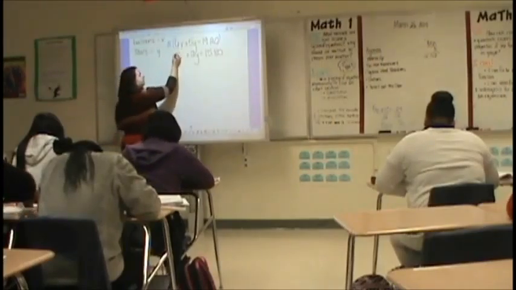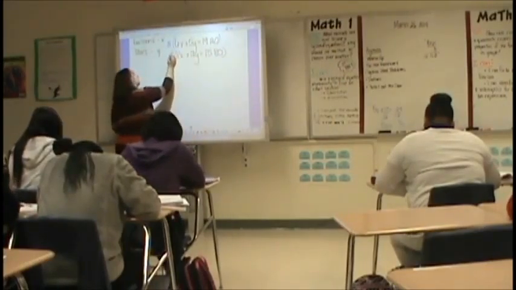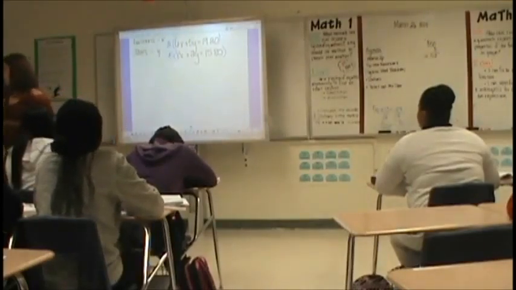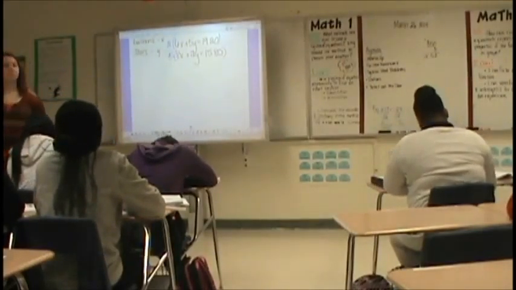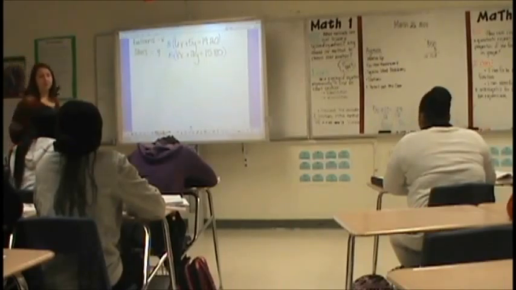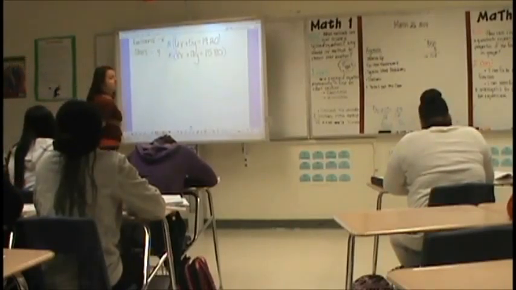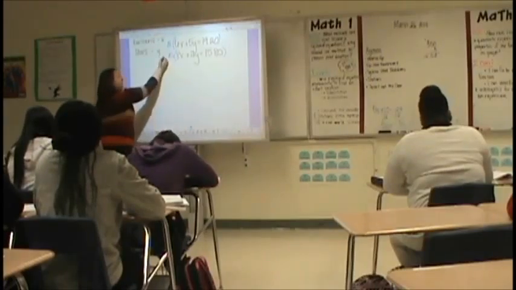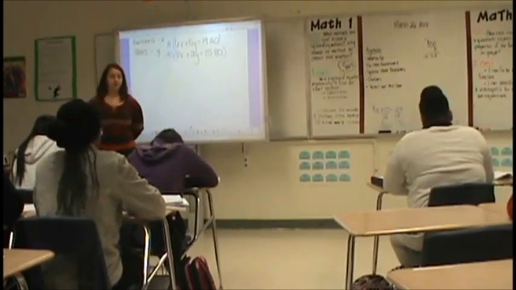What's the bottom going to be? 5. What's wrong though? No, negative 5. Which one's going to be negative? Does it matter? Yes. The 5. Does it really matter? Yeah.